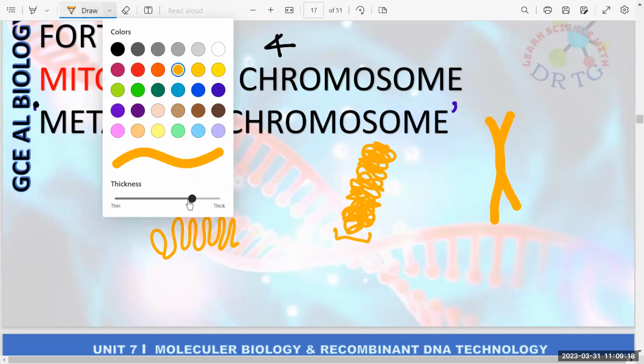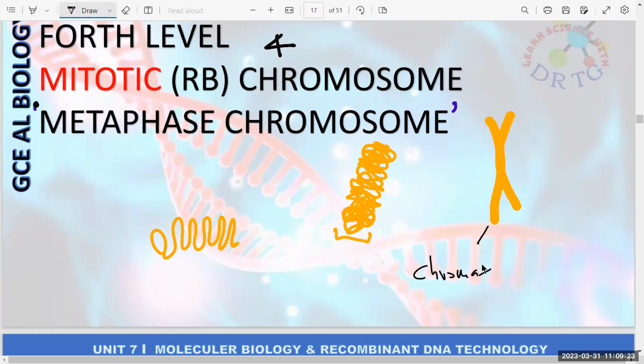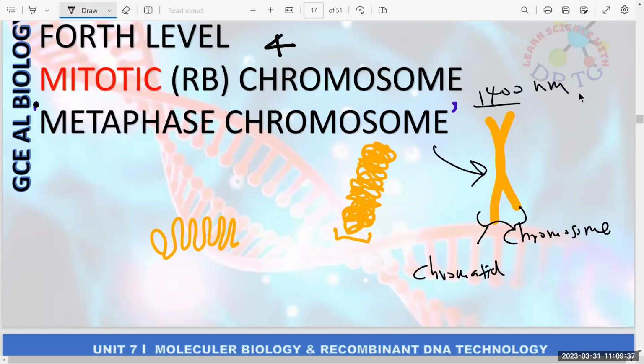This one is called a chromatid, and both together we call a chromosome. So the last structure is the metaphase chromosome, which is 1400 nanometer in diameter. So the loop domain coiled to form the metaphase chromosome.